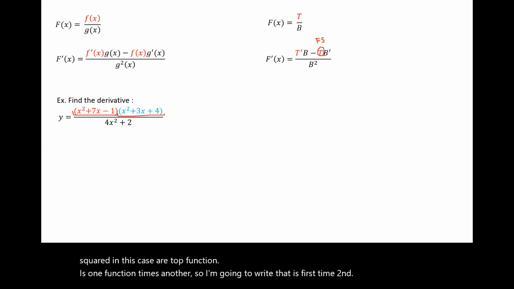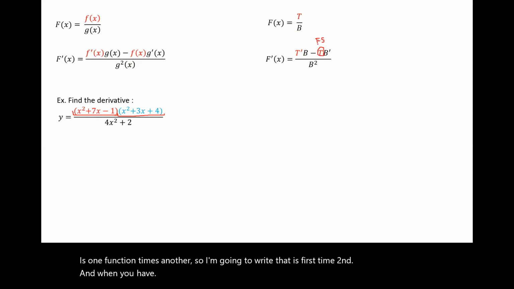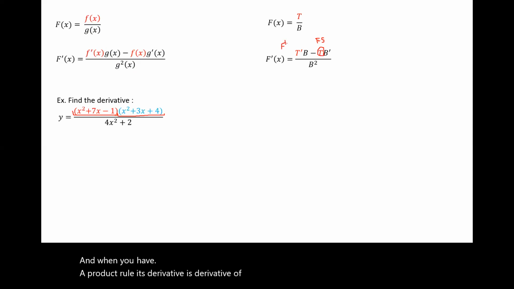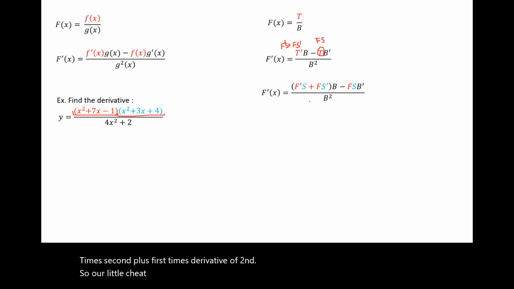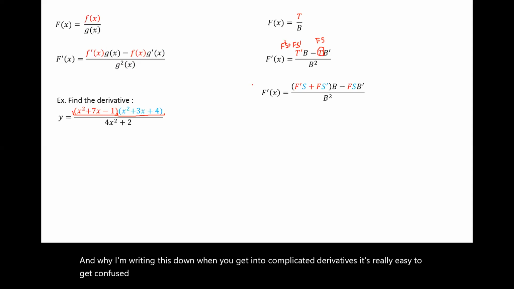And when you have a product rule, its derivative is derivative of first times second plus first times derivative of second. So our little cheat sheet over here now looks like this. And why I'm writing this down: when you get into complicated derivatives, it's really easy to get confused and forget where you are. So we're going to look at this and see if we can do the question.